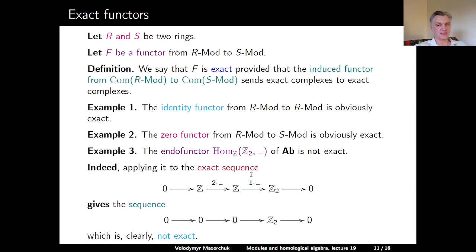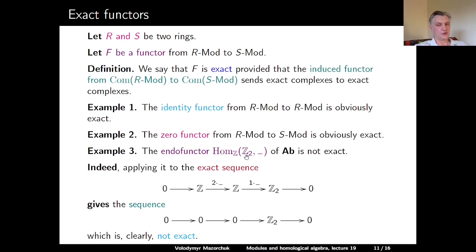So we have the short exact sequence which we already had before. We start from Z, we use multiplication by 2 to embed it into Z, and then we use the canonical projection to project the outcome onto Z2. So the composition here is multiplication by 2, which is the trivial morphism from Z to Z2. So this is a short exact sequence.